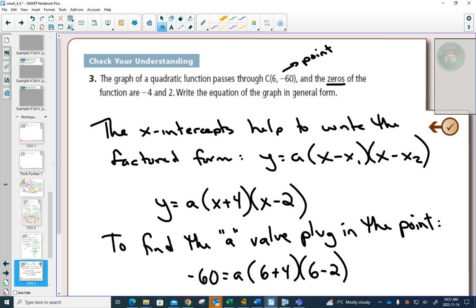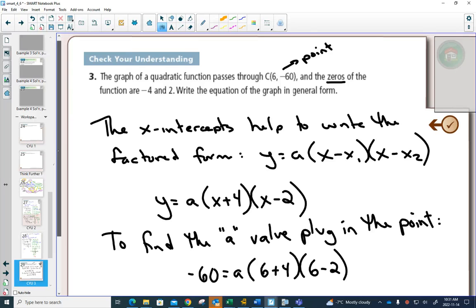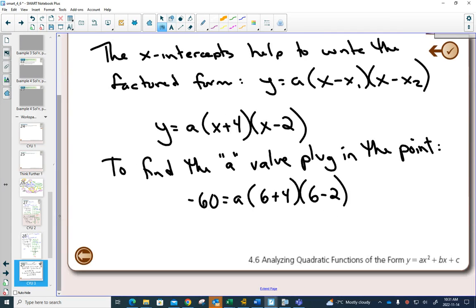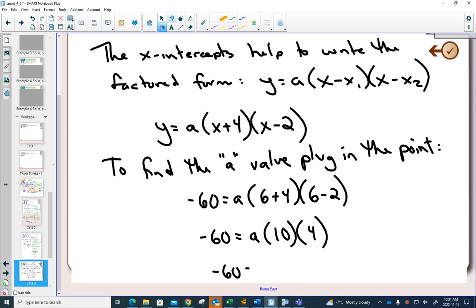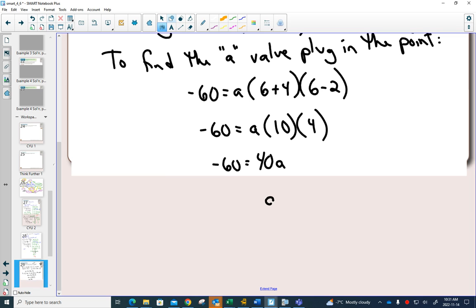If I do that, I get an equation where the only thing I don't know is a. A little bit of algebraic manipulation, right? I have negative 60 equals 6 plus 4, that's 10, times 6 minus 2, that's 4. So I've got negative 60 equals 10 times 4, which is 40a. I want to get a by itself.